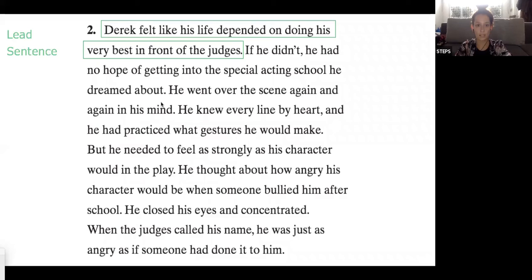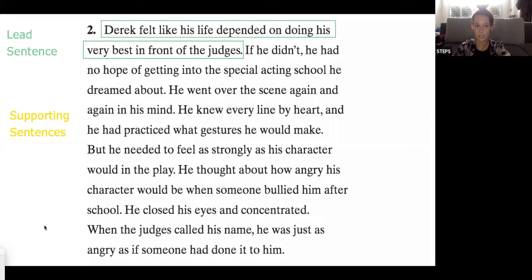All right, what about our supporting sentences? Who can read to me a supporting sentence that appeals to the senses? Do we see any sensory details or supporting sentences that show how Derek is feeling or what he's experiencing?